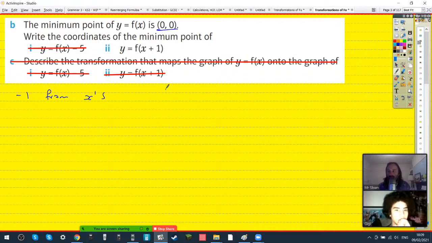Well, the x is 0. So the old x coordinate is 0. So x equals 0. It becomes x plus 1 equals 0. Oh yeah, plus 1. And so 0 minus 1 equals x. And what is 0 minus 1? -1.